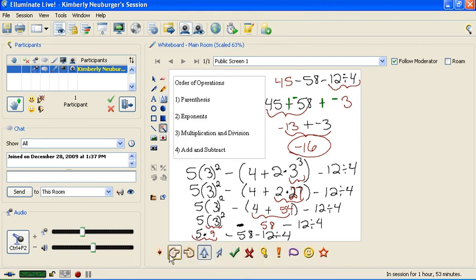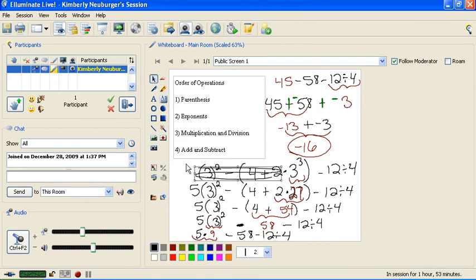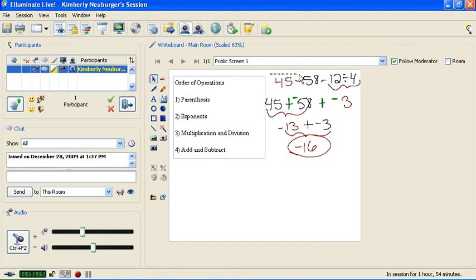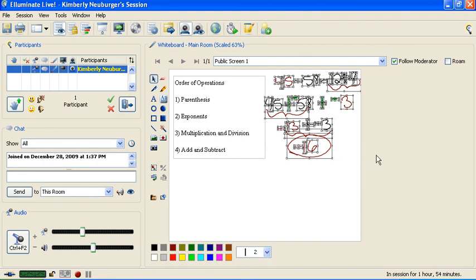Notice that doing one little step at a time made it so the problem got a little bit easier and a little bit shorter as we moved along. Now, some of you may be saying, this is all fine and dandy, but how do I remember this order of operations so that I know how to do it on my problems?